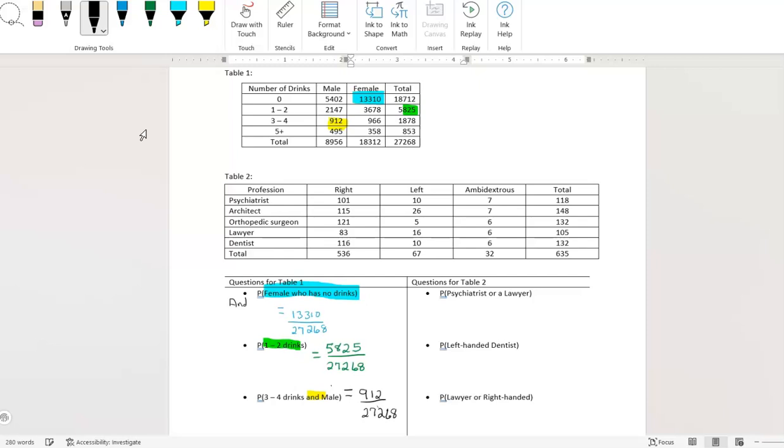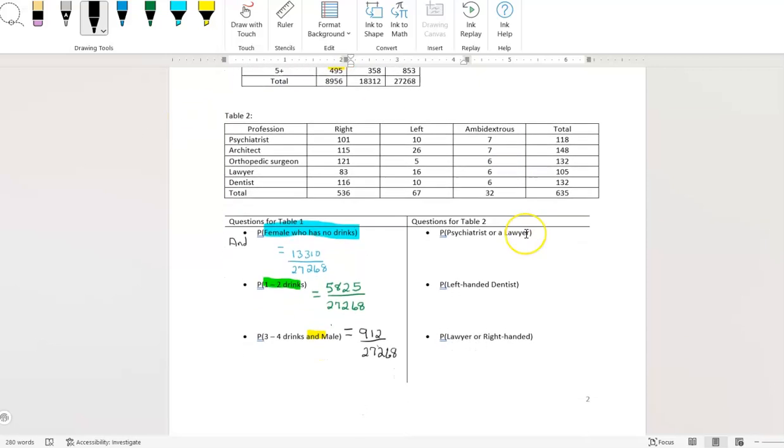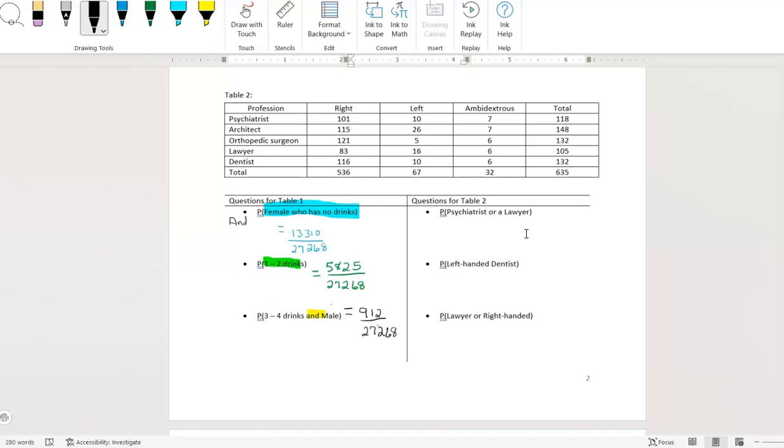Okay, so now let's look at table 2 and the same idea. This time we have an or statement, and our or statement is we want a psychiatrist or a lawyer. Now these two professions do not overlap, so we have a total of 118 psychiatrists.